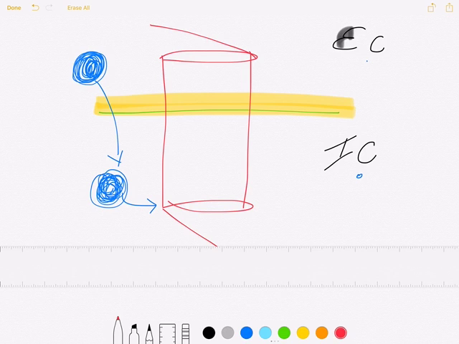What is this? Inactivation gate. And closes it like this. So the inactivation gate is closed.